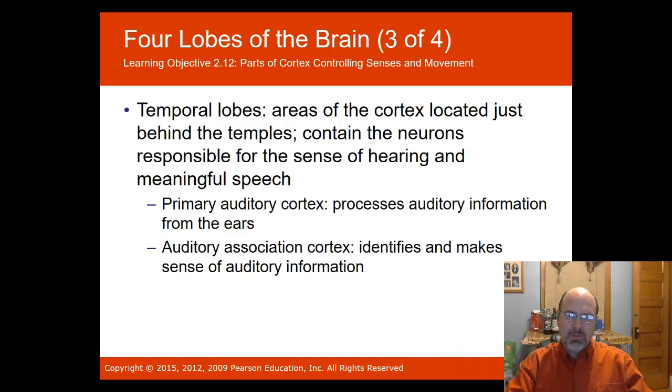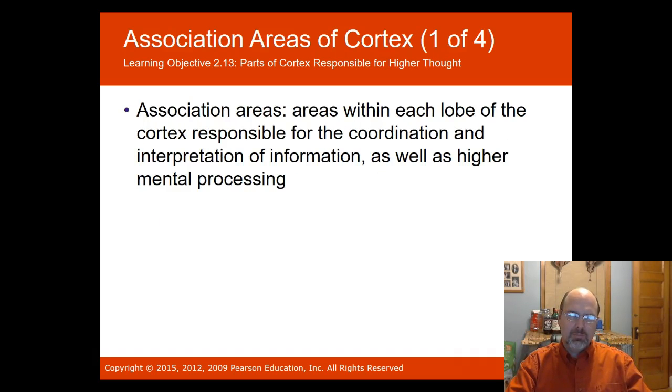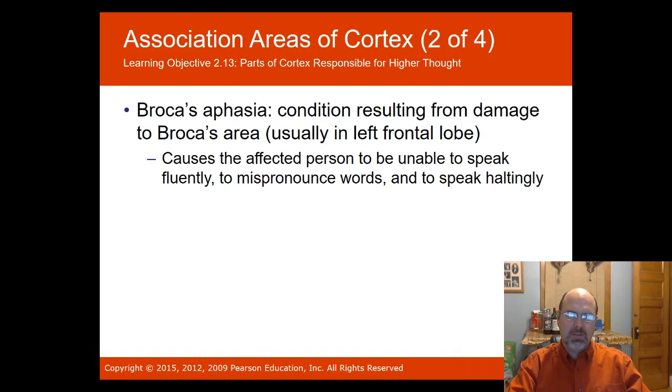The temporal lobes have to do with processing auditory information, or what you hear. Your frontal lobes have to do with sending motor commands to the muscles. And then association areas are responsible for coordination, interpretation, and higher mental processing.